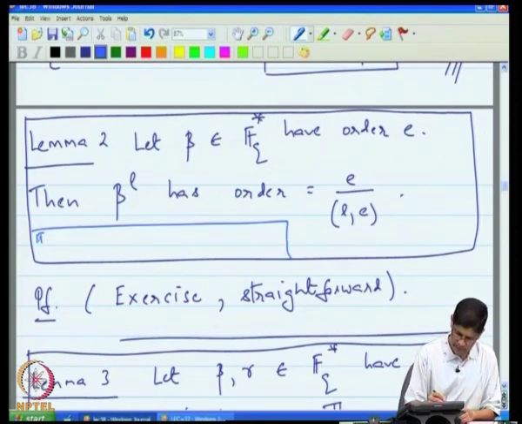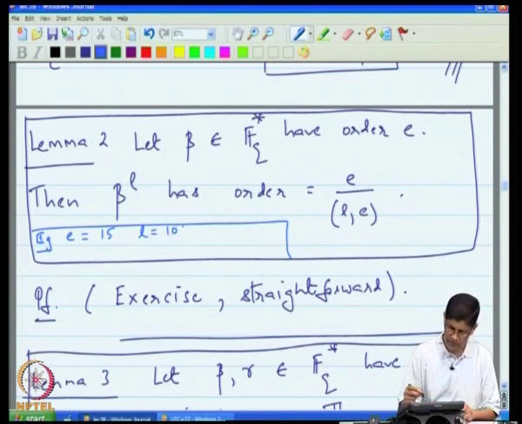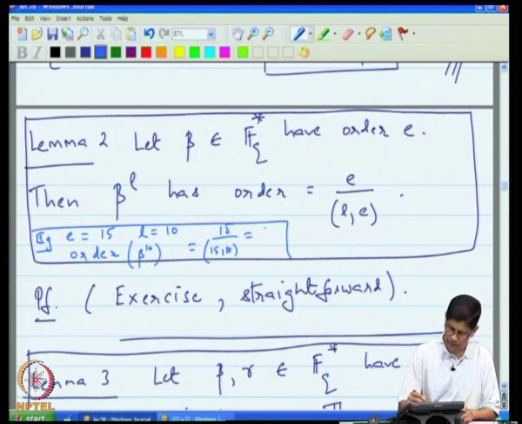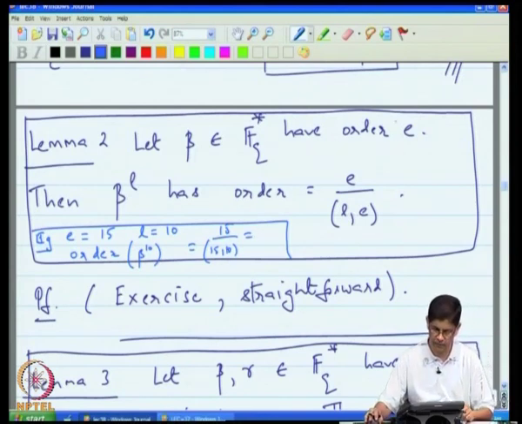Supposing that e is 15 and L is equal to 10, then what it is saying is that the order of beta to the 10 is 15 divided by the greatest common divisor of 15 and 10, which is 5.